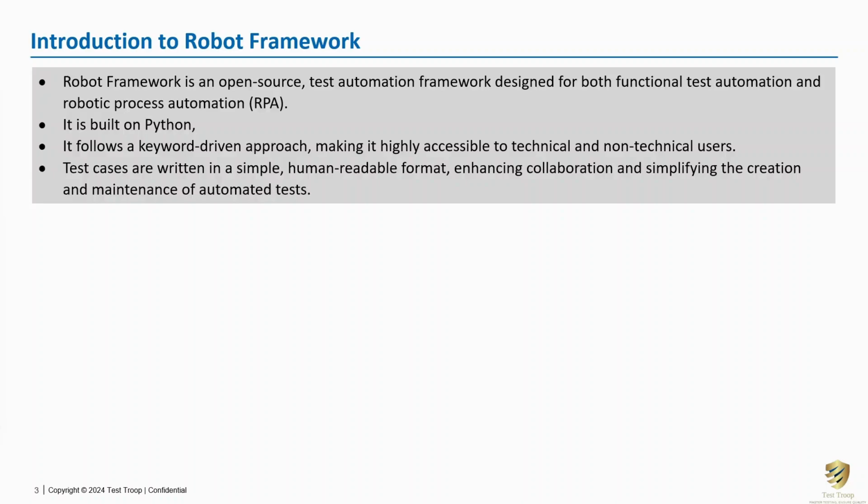Then find the password field and enter the password, click on the login button, and verify that your login is successful and you have been taken to the personal dashboard page. The simplicity of writing the test case in Robot Framework makes Robot Framework so powerful and easy to use.